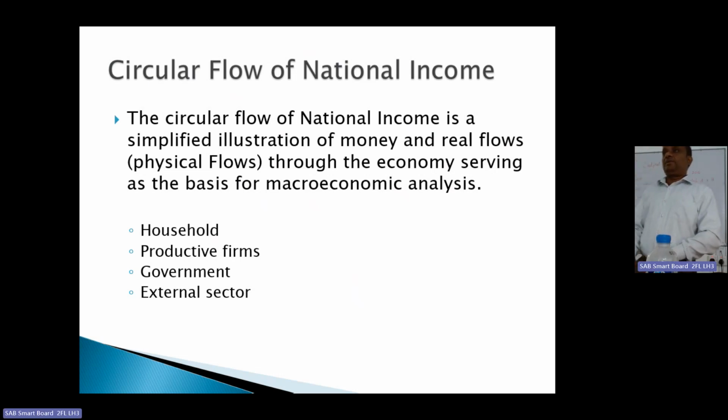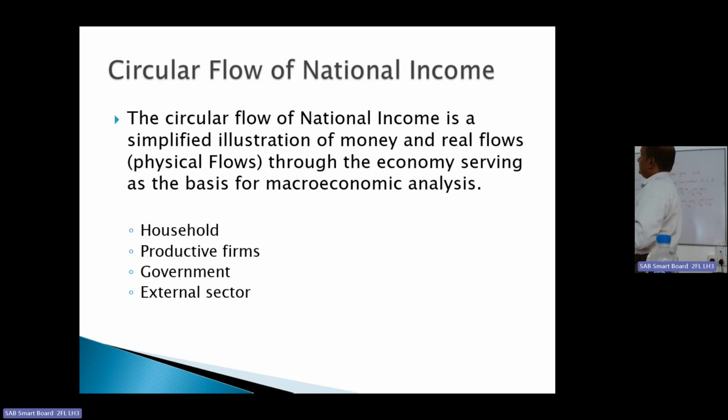We talk about the overall economy; that is called national equilibrium. When you explain the equilibrium situation in the overall economy, there are different players, different sectors in the economy that interact with the markets.